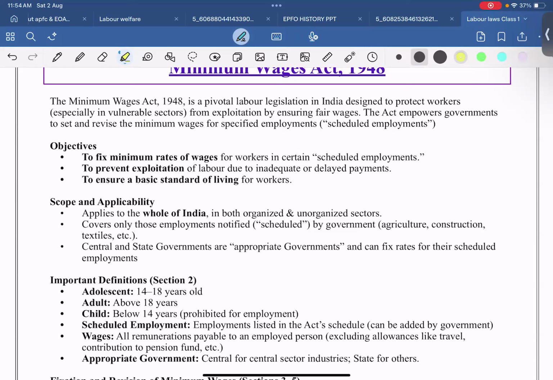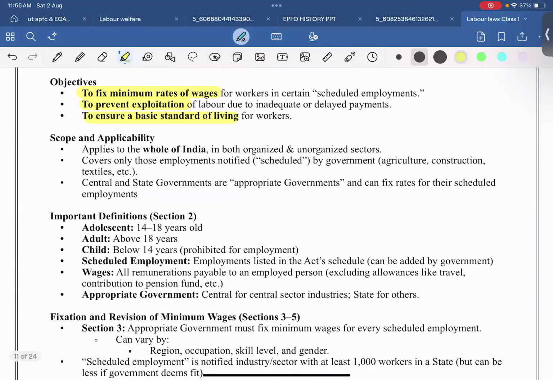So what are the objectives? To fix minimum rates of wages for workers in certain scheduled employments, to prevent exploitation, to ensure a basic standard of living for workers. Scope and applicability: applies to the whole of India in both organized and unorganized sectors, covers only those employments notified by government, such as agriculture, construction, textiles, etc. Central and state governments are appropriate governments and can fix rates for their scheduled employments.